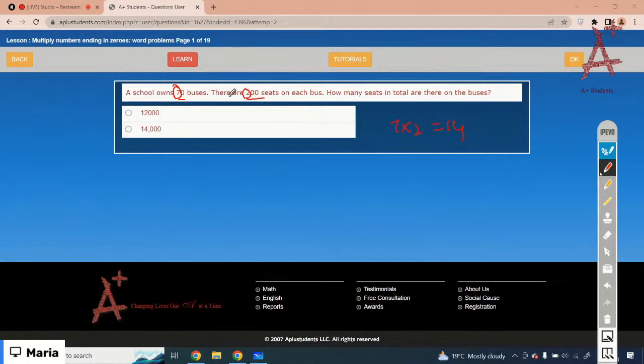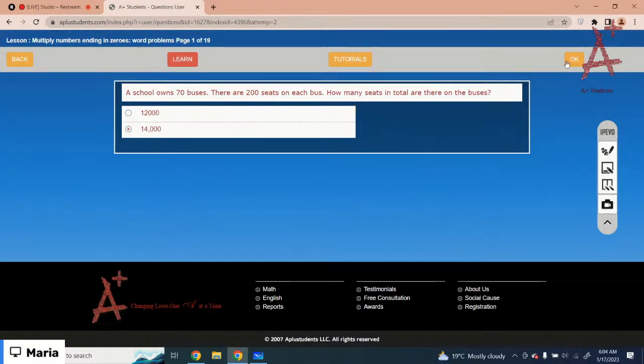Now both the numbers have collectively three zeros. Two zeros with 200 and one with 70. So that means you have to add three zeros at the end. So it would be 14,000. So the correct option is 14,000. 7 times 2 is 14, not 12.